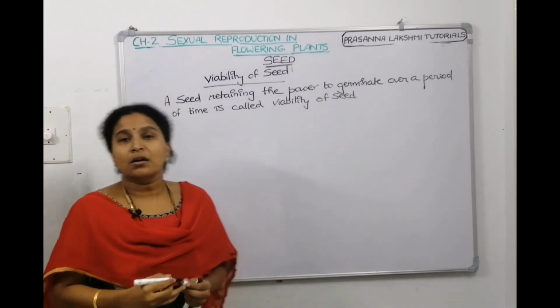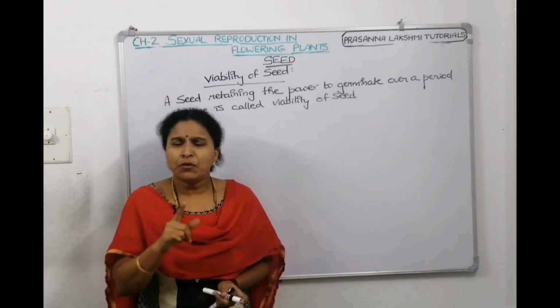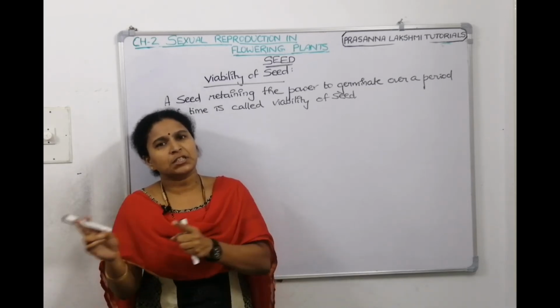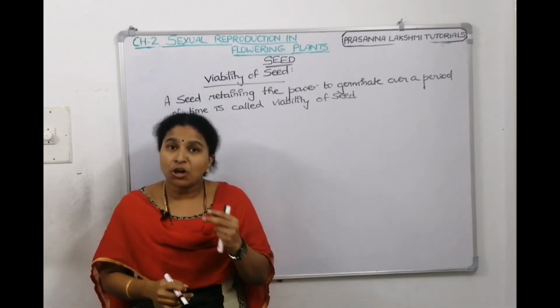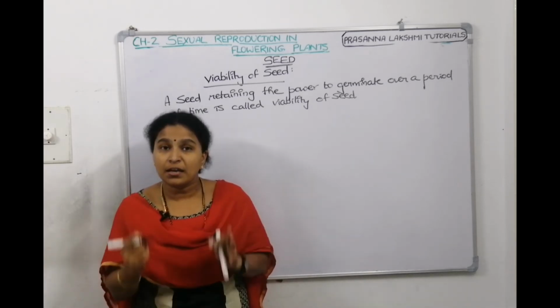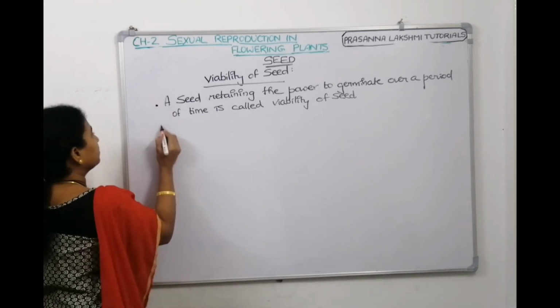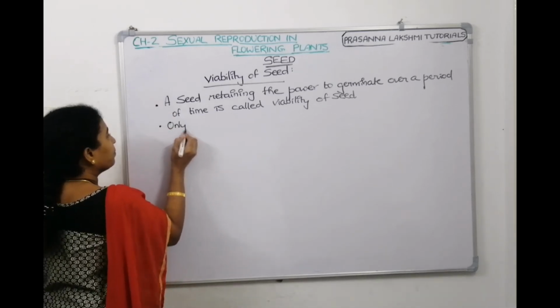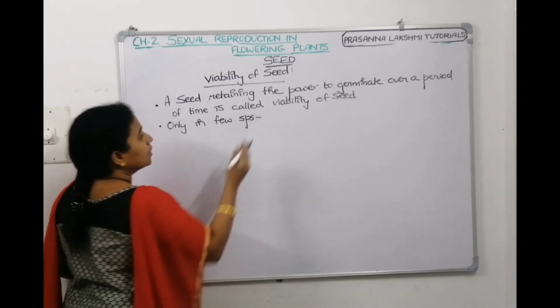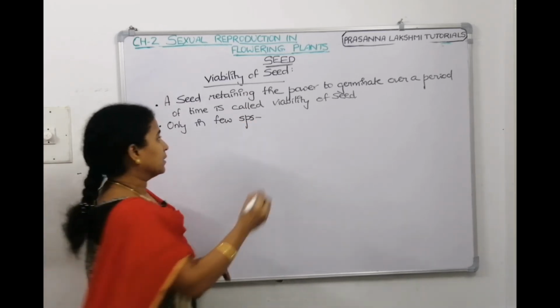Now, how long are the seeds viable? In few species of plants, the viability of the seed is for just few months. But in majority of the cases, several species, the viability is for several years. We can write down that only in few species the seeds are viable for few months.